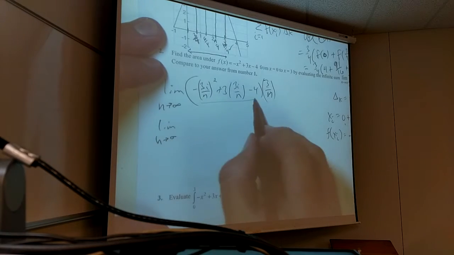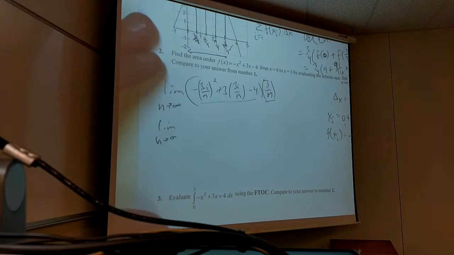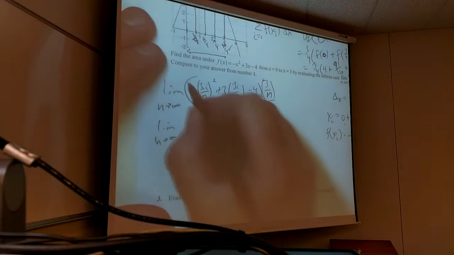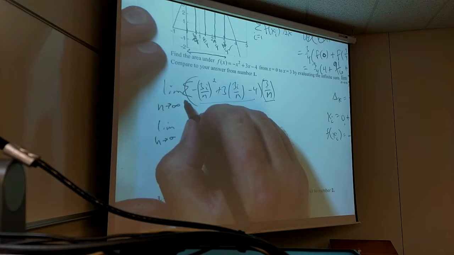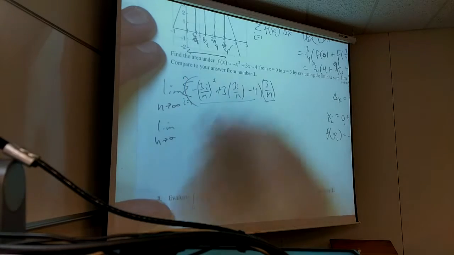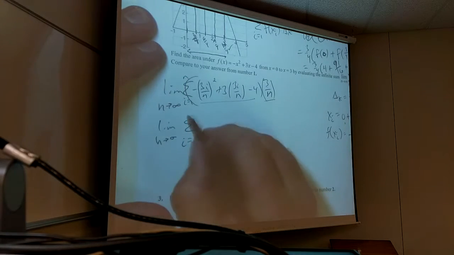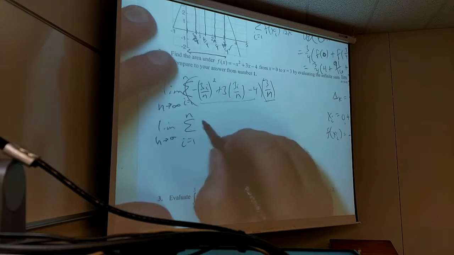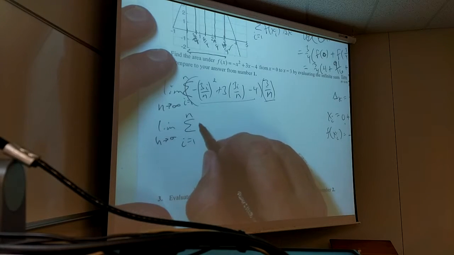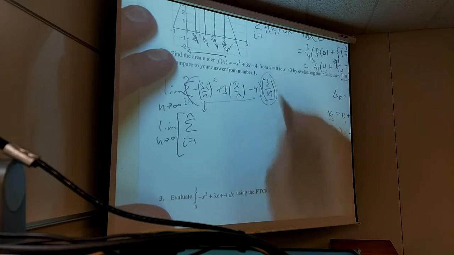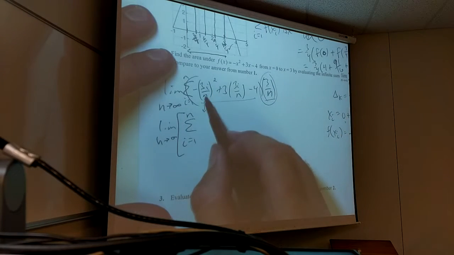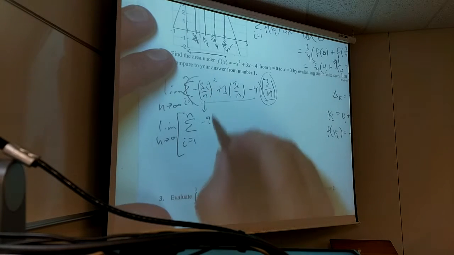Is that cool? There's your f of xi, there's your delta x. Where did I put my sum? I lost my sum. So the limit of the sum, I'm going to break each of these up a little bit. So this piece here, if I square this, I'll get negative 9i squared over n squared.